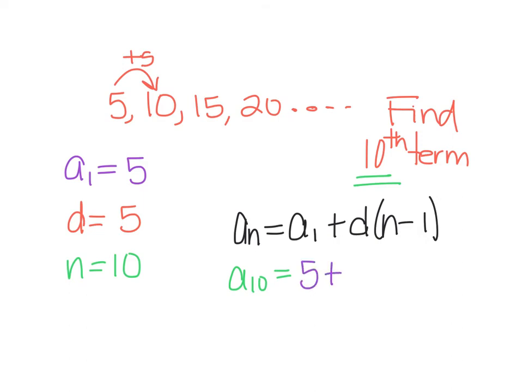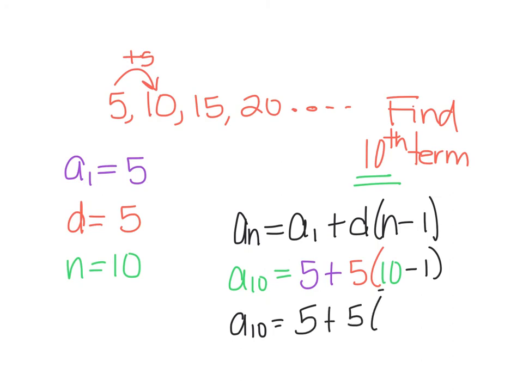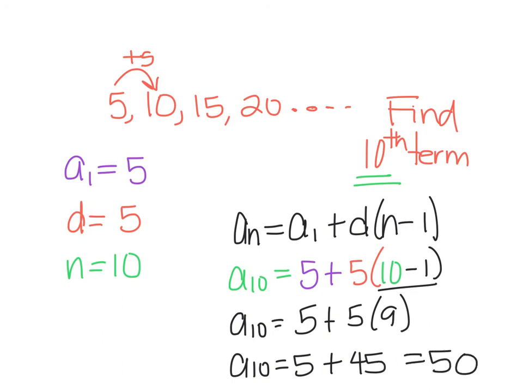Our common difference is also 5. We're looking for the 10th term, and from that we subtract 1. So a sub 10 equals 5 plus 5 times 9, because 10 minus 1 is 9. We get a sub 10 equals 5 plus 45. So the 10th term is 50.